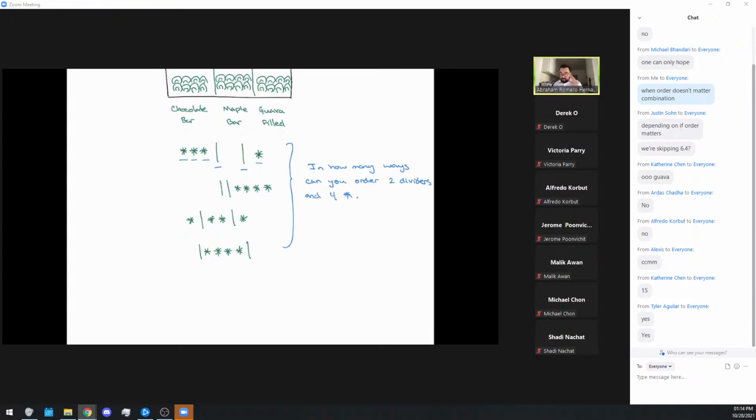So another way of looking at this problem is I'm just moving around dividers and asterisks. How many combinations are there of that type? Do you see what I'm getting at now?